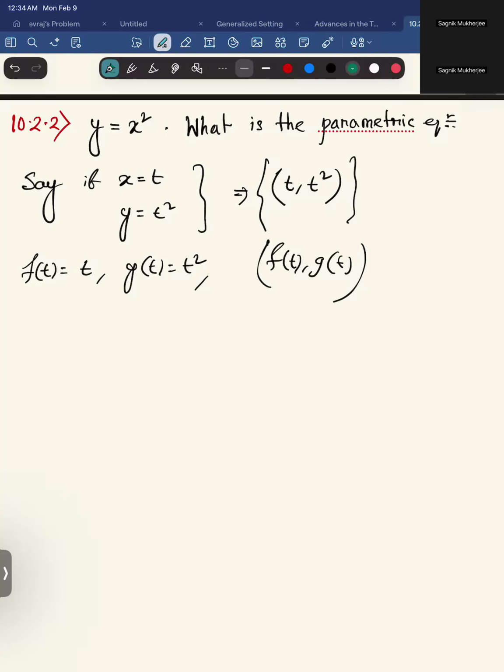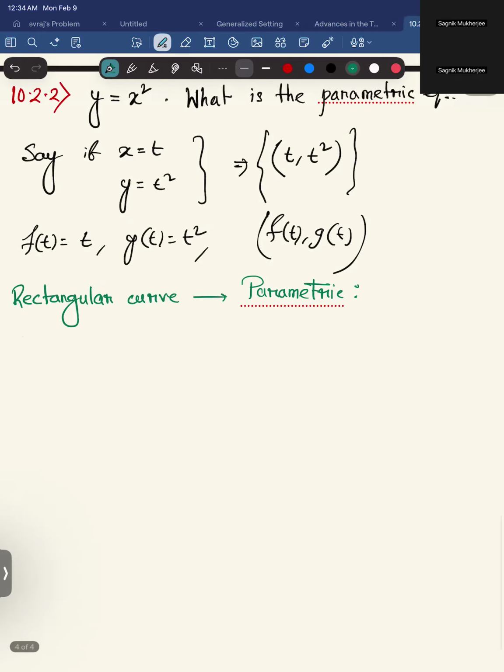Okay. So let's do some more problems on converting the rectangular coordinate or rectangular curve to parametric. So this is a very popular problem in the textbook. So I'm doing one problem from the exercise.